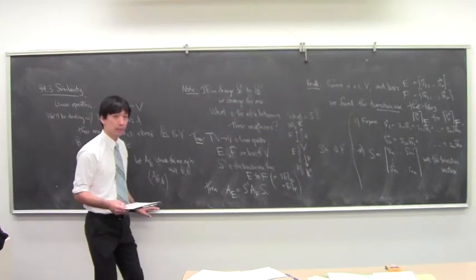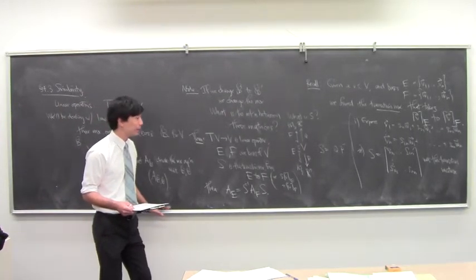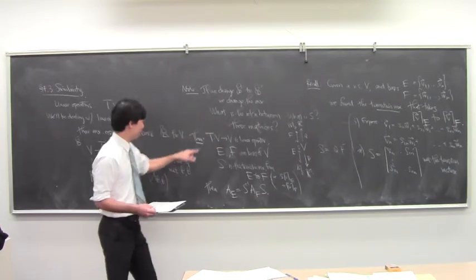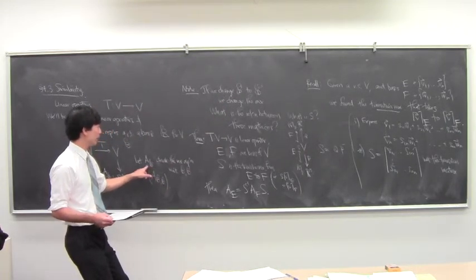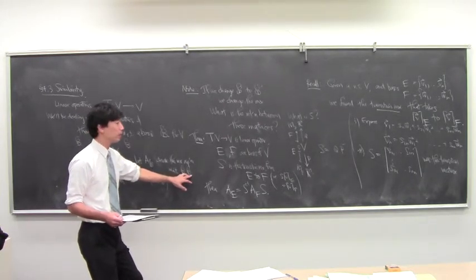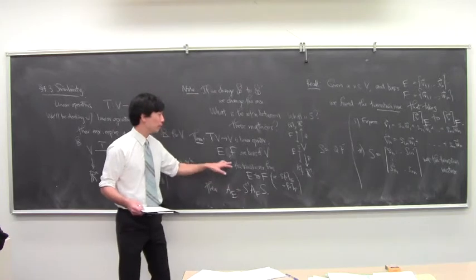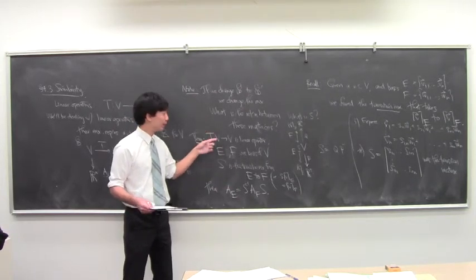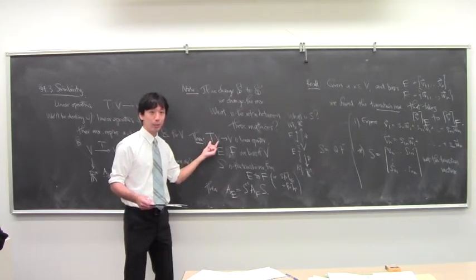What is A sub E? Remember, A sub B denotes a matrix representation with respect to that basis, E, and then A sub F. So remember what we're trying to do. We have this linear operator.